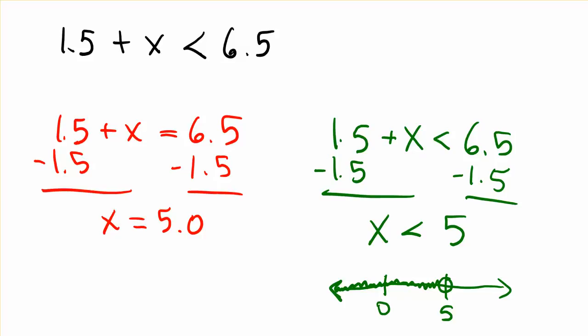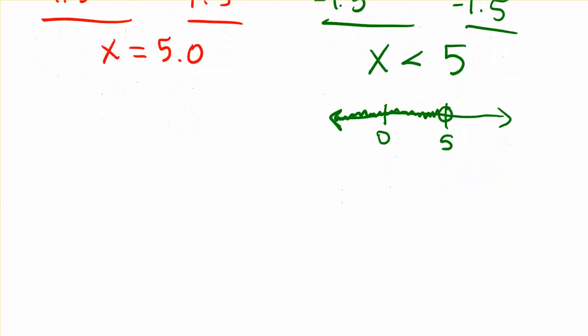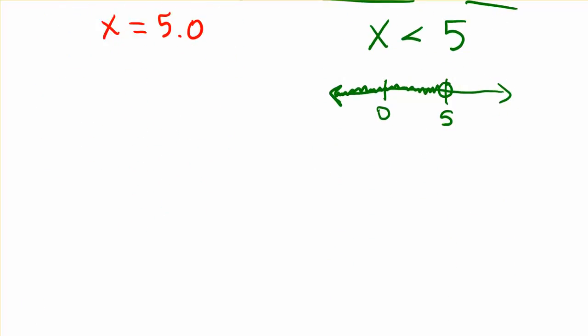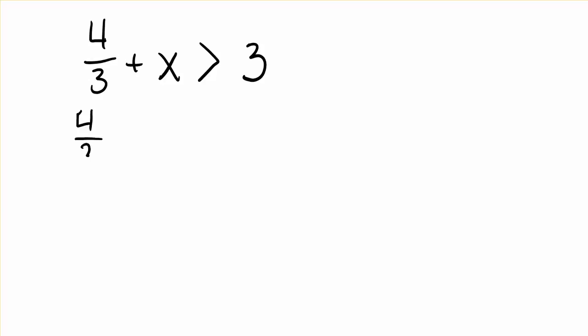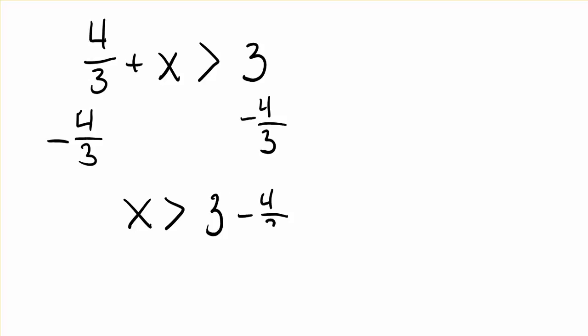So the next example is that 4/3 plus x has got to be greater than 3. This time I won't go through solving this as if it were an equation. We're going to subtract 4/3 from both sides. And we end up with x has got to be greater than 3 minus 4/3.